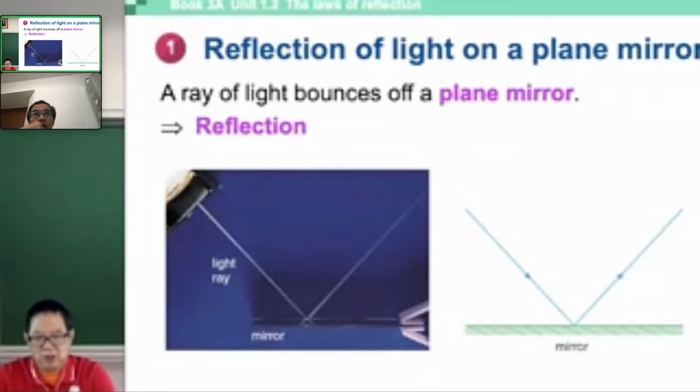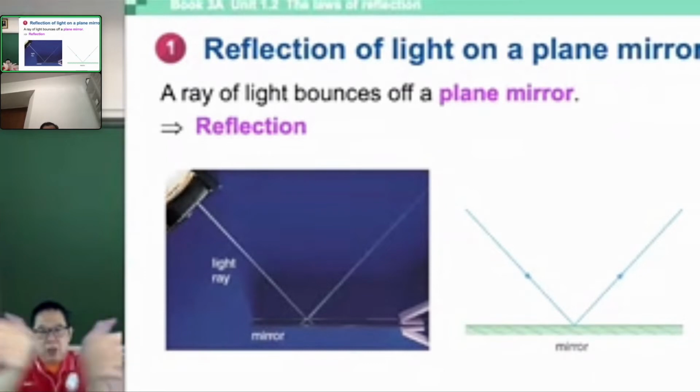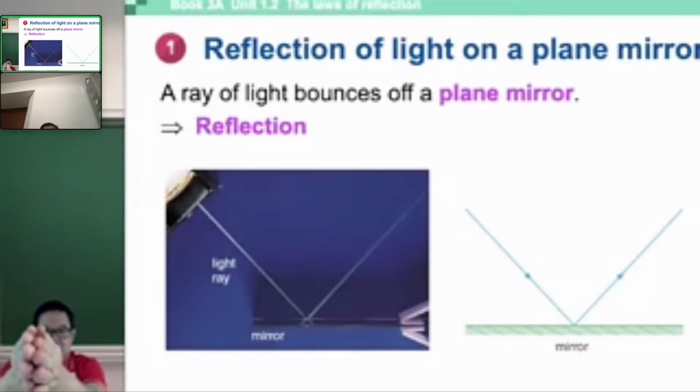In a ray box, we have a convex lens inside, so that the rays going outside will not diverge horizontally. All the horizontal rays will be focused into one single line. But there is no convergence in the upper and lower part, so the light will diverge a little bit in the vertical plane.